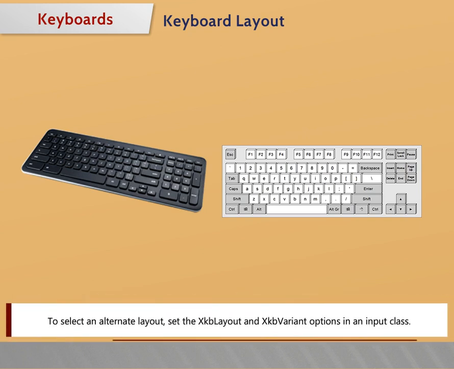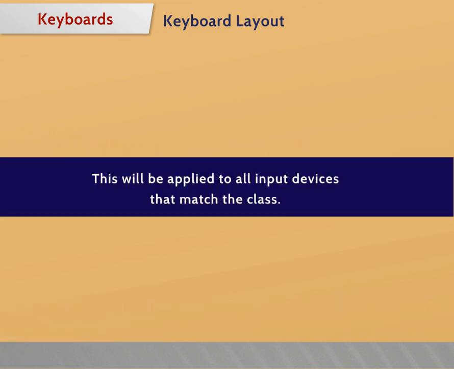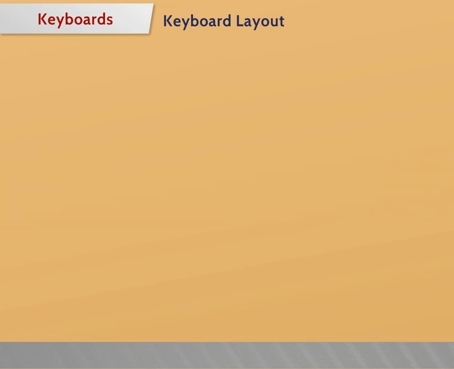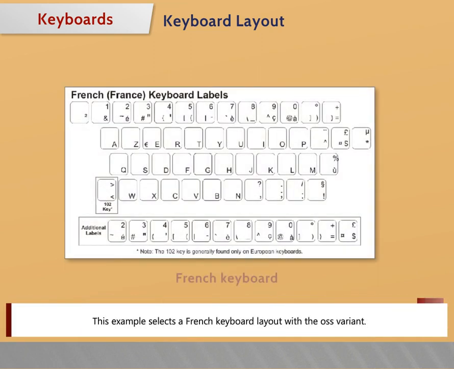To select an alternate layout, set the XkbLayout and XkbVariant options in an InputClass. This will be applied to all input devices that match the class. This example selects a French keyboard layout with the oss variant.